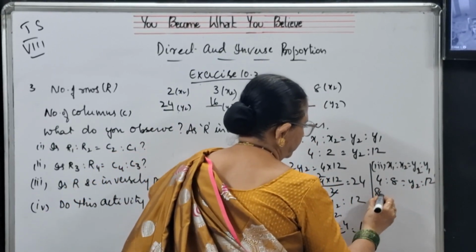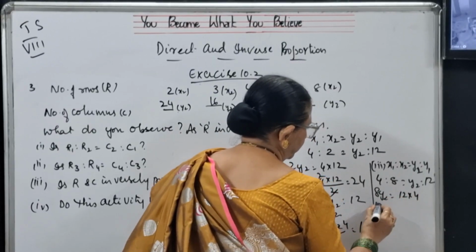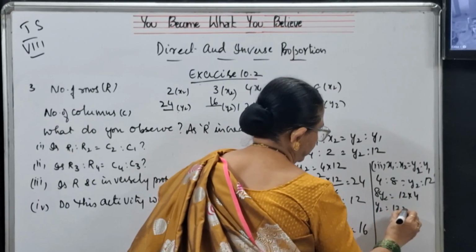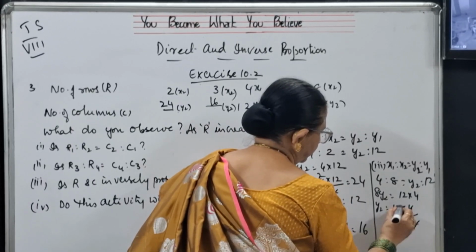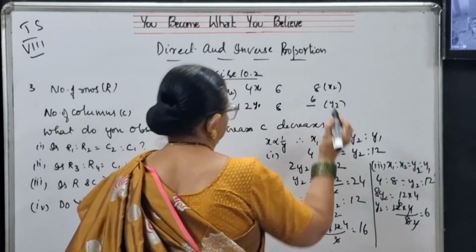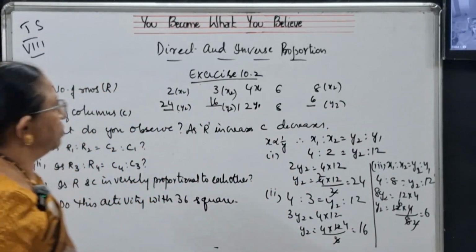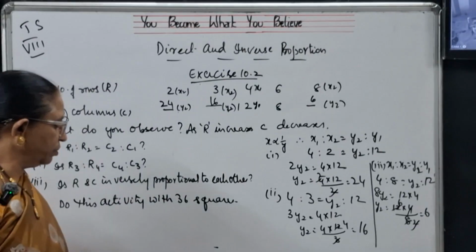So 8y2 is equal to 12 into 4. y2 is equal to 12 into 4 by 8. 4 ones are 4, 4 twos are 8, so it is 6. So y2 is 6. So these are the values which we have got, children, while doing this process.